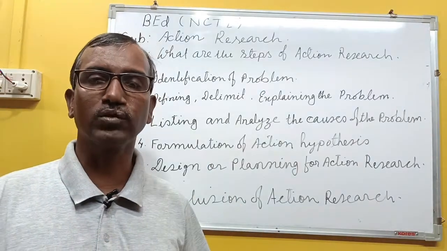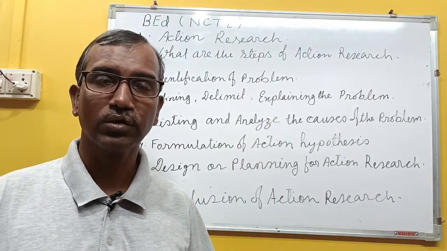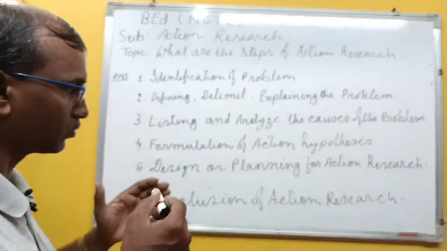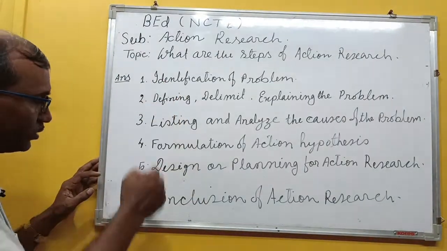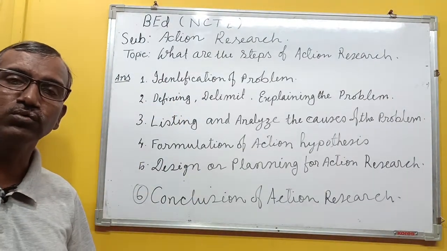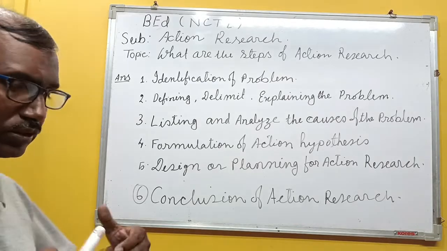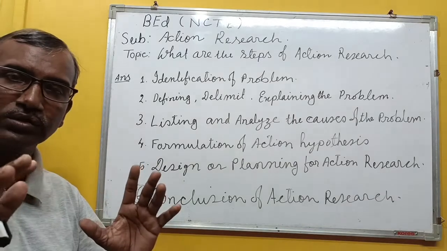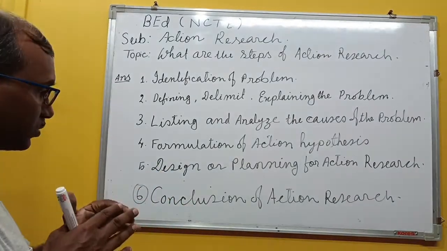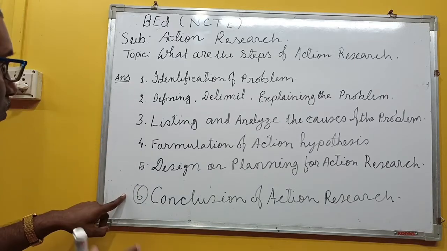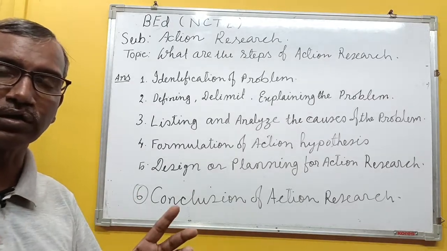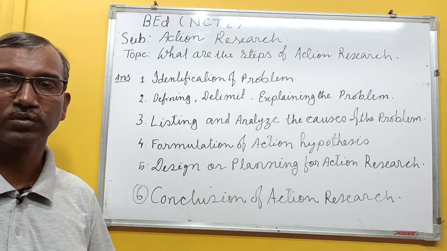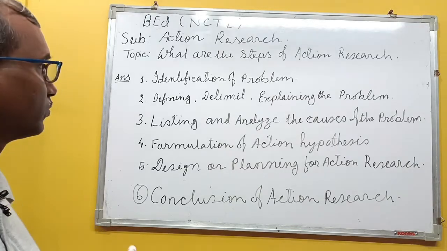After studying a number of books, it is seen that most of the authors have put forward these 6 points to do action research. So I can say definitely these are the 6 stages or 6 steps which are mostly accepted, which are definitely the steps of action research.